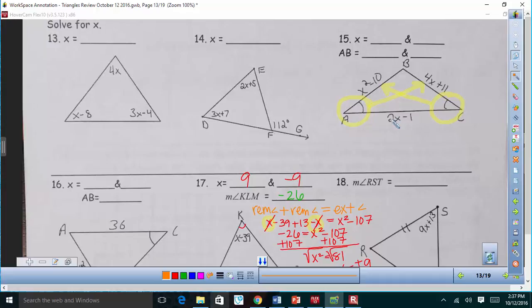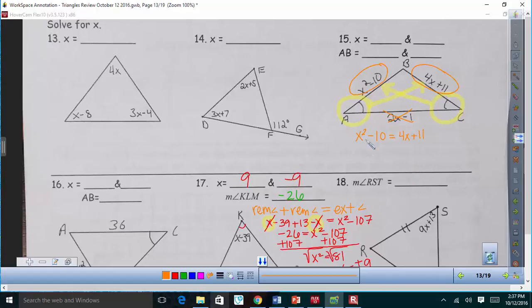It is the base, and it's also a distractor. Because do we need this to solve? No. Okay? We only need this and this because those are the two things that are equal. So we would do x squared minus 10 equals 4x plus 11.